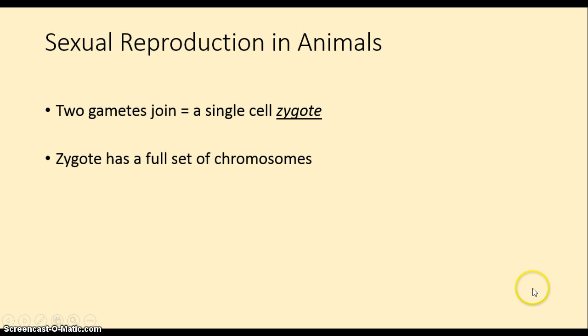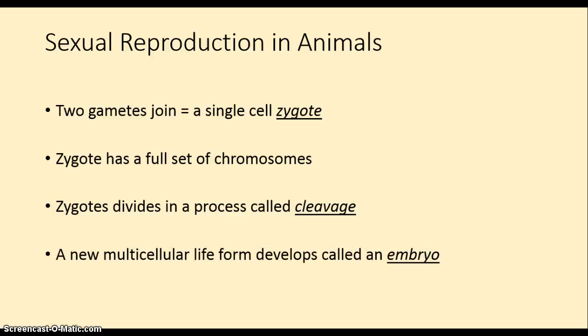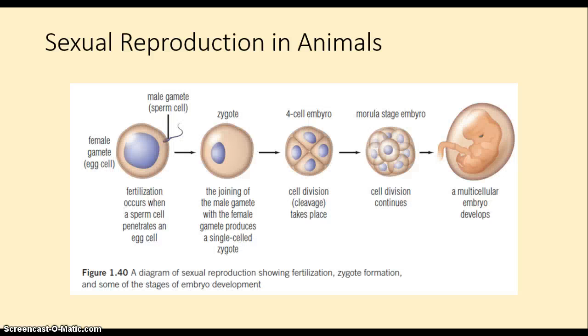But the zygote doesn't stay single for long. It begins to divide into two cells in a process called cleavage. A new multicellular life form develops called an embryo, and this whole time the mitotic division continues to occur.